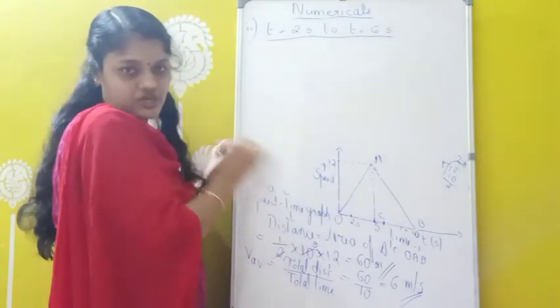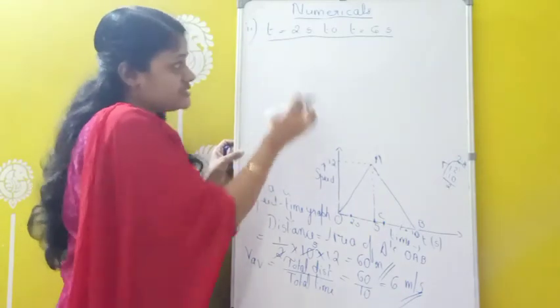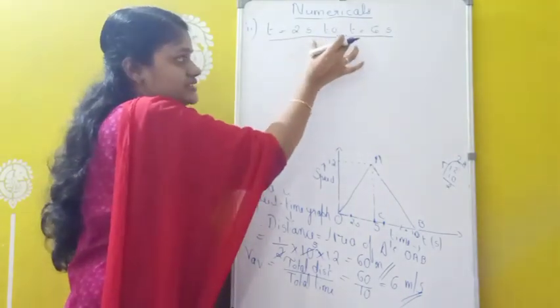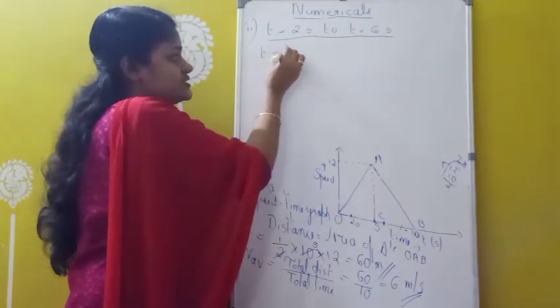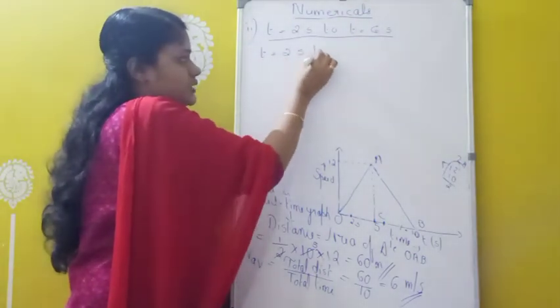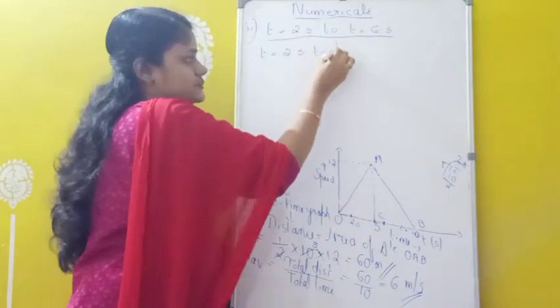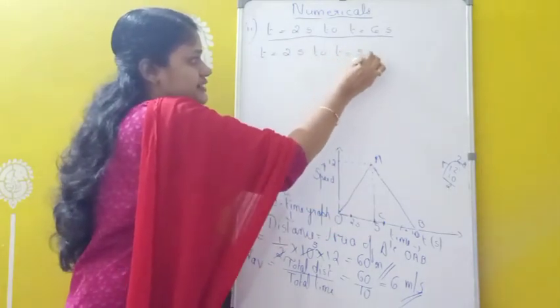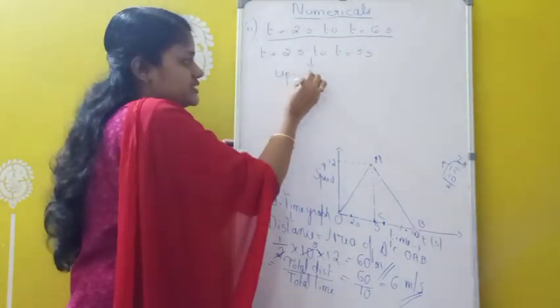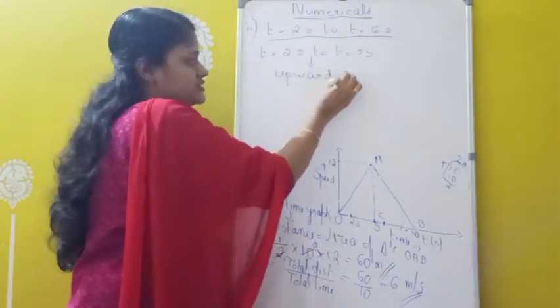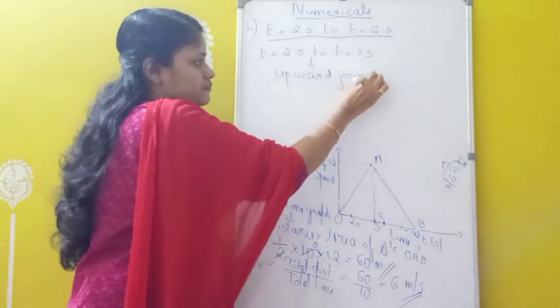downward journey. So first of all, I am splitting this total time interval into 2. The first part is t equals 2 seconds to t equals 5 seconds, which comes in the upward journey OA.